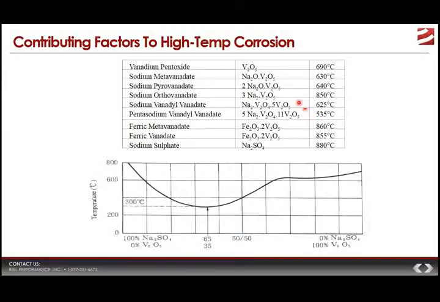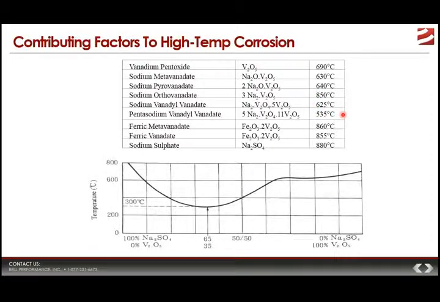If you go to a simpler one like sodium orthovanadate, it has a melting point that's 300 degrees higher. The reason this matters is that when you're talking about a hot zone, a high temperature area, one of these is more likely to be liquid in that area.